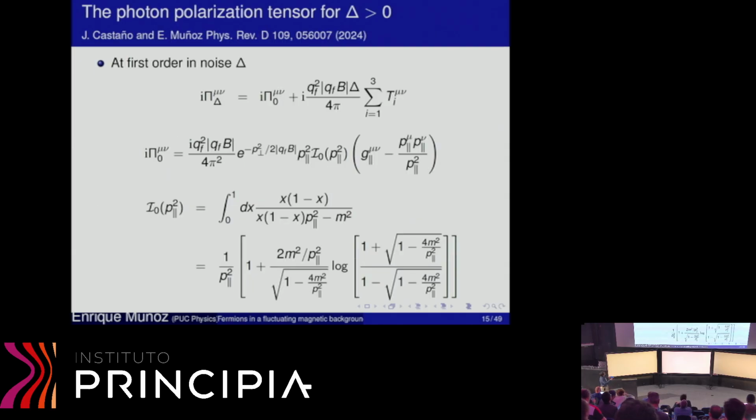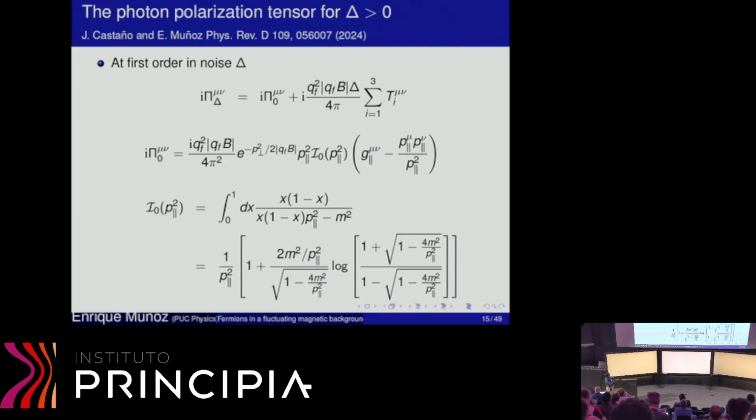And if we use this propagator to compute the photon polarization tensor, then it can again be split into a noise-independent part and a component which is proportional to magnetic noise. The noise-independent part reproduces well-known results that we can obtain directly from our expressions, but of course you get the typical threshold.